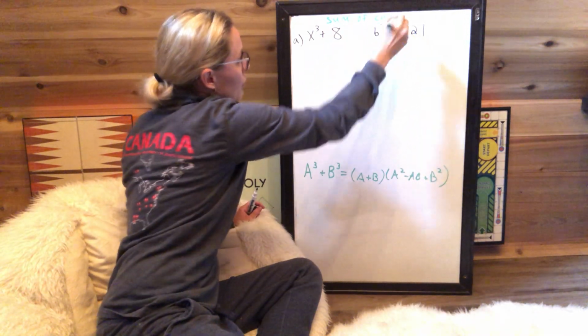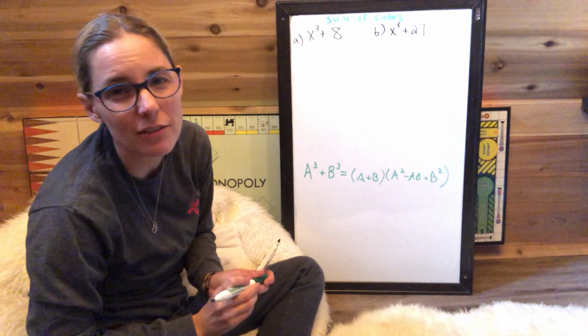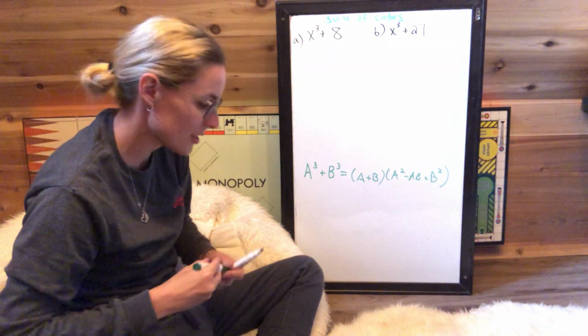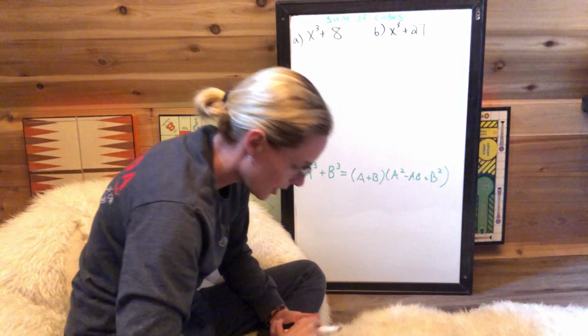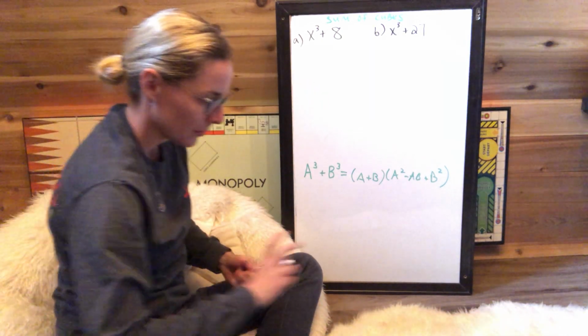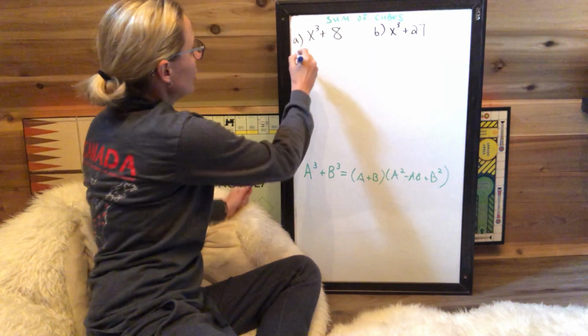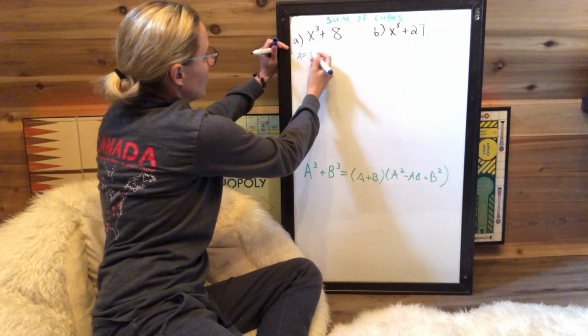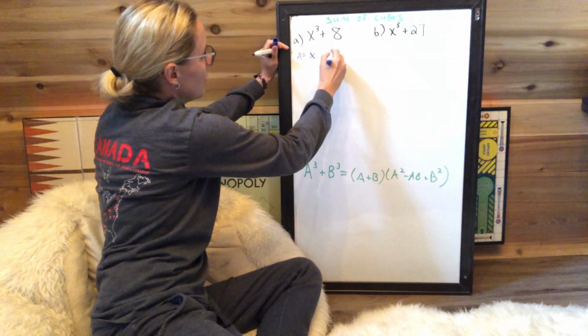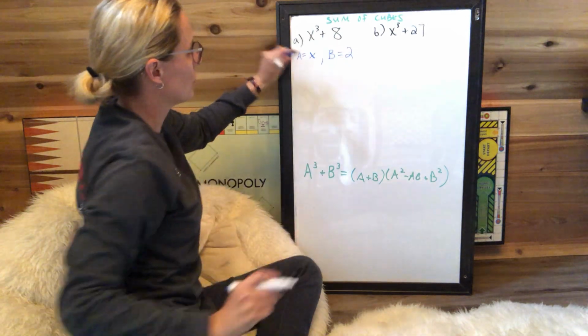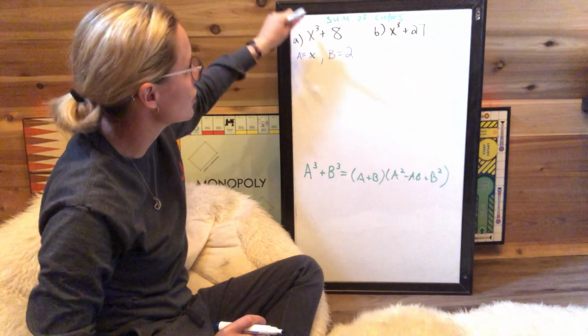And in order for you to solve, all you have to do is identify what is your a, what is your b. So in this idea here, I have an a value of x. I have a b value of 2. Because remember, you are taking the cubed root of each of those.